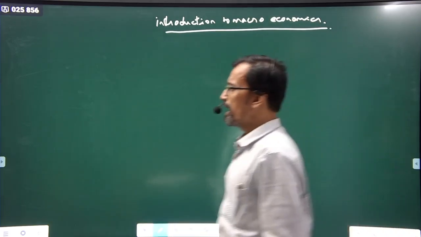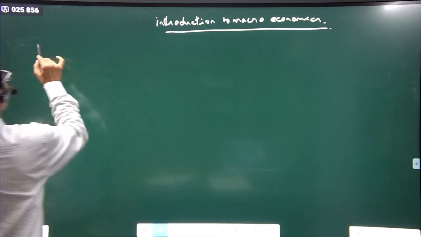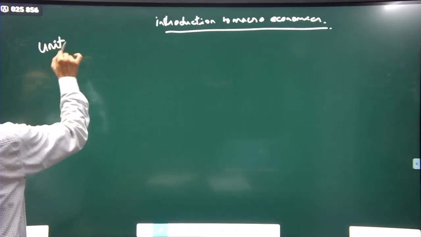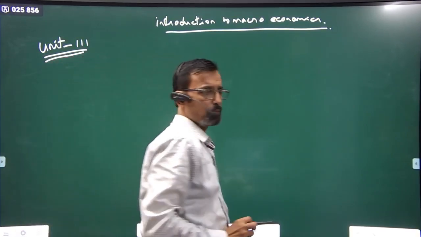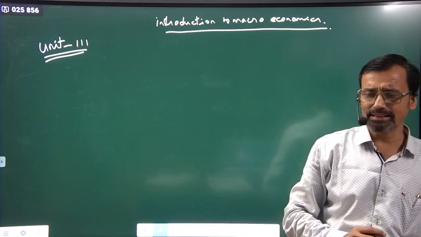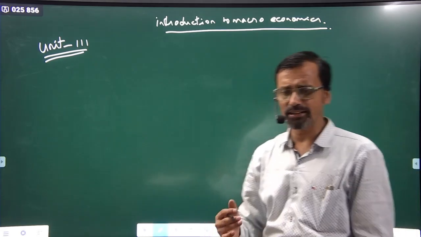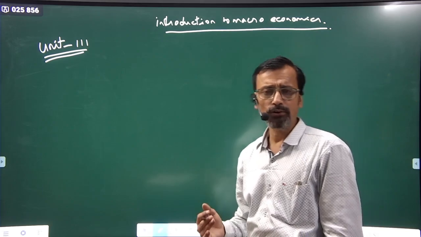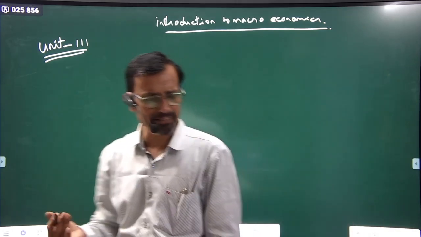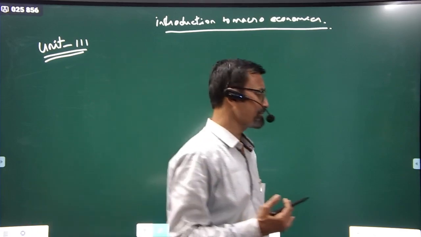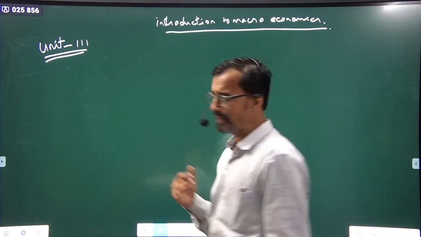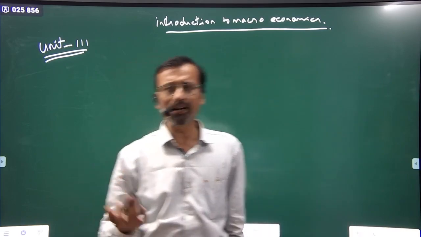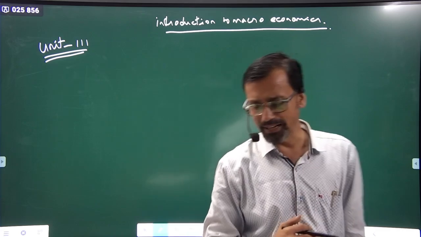Here, after unit 2, we will start from unit 3, because units 1 and 2 come from the 11th standard, where we follow what macroeconomics is and the central problems of economics. The second unit, we have already understood: consumer behavior as well as the demand curve.